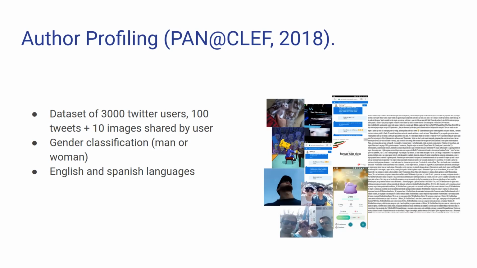And the corpus consists of a dataset of 3,000 Twitter users, and they provide 100 tweets and 10 images per user. So we can see that we have an unbalanced dataset in this case, and also we have English and Spanish languages for this task.